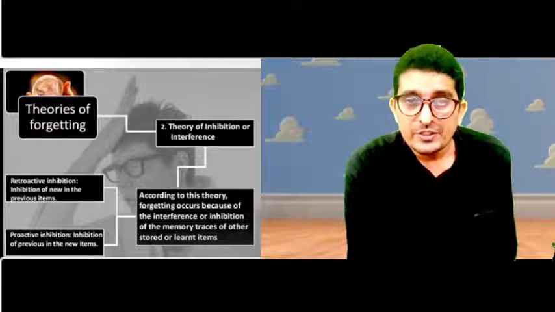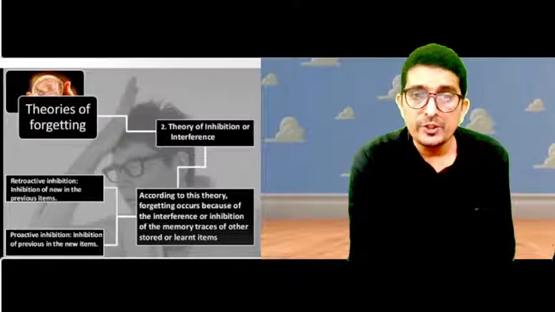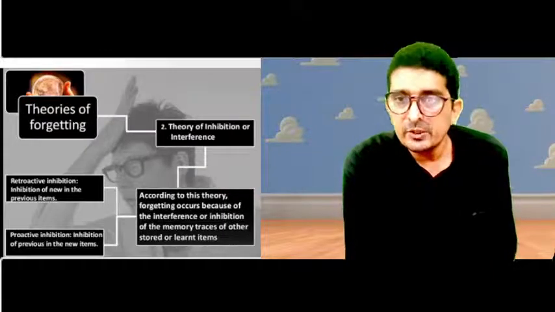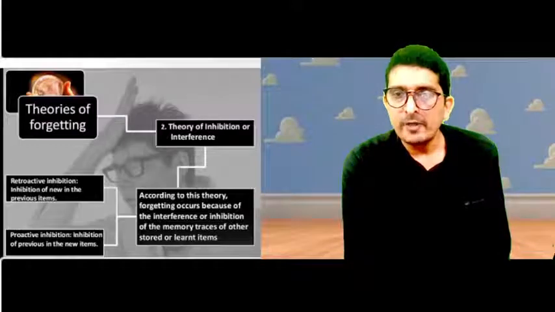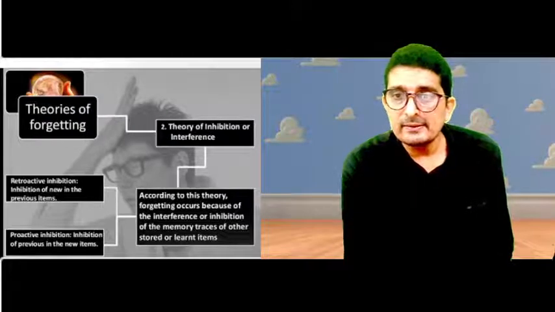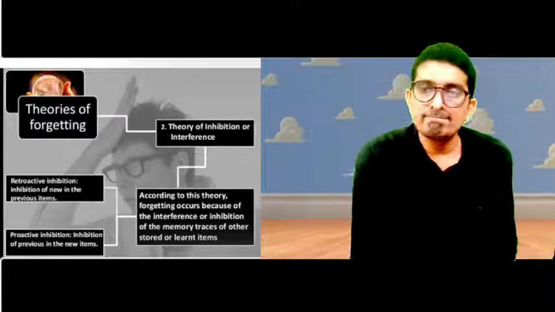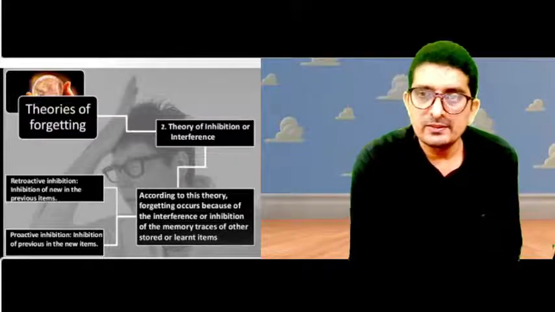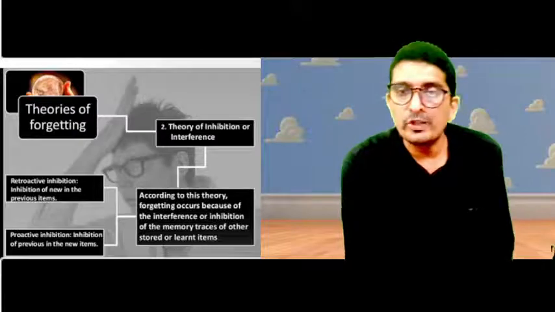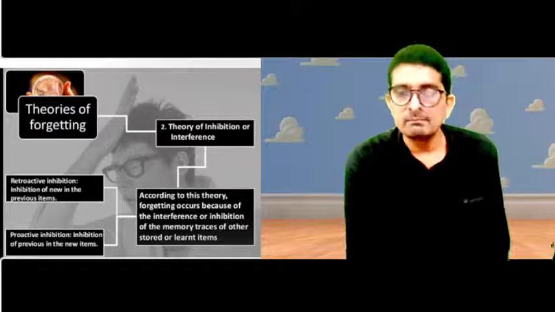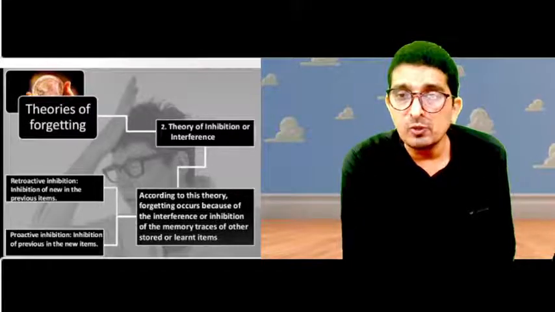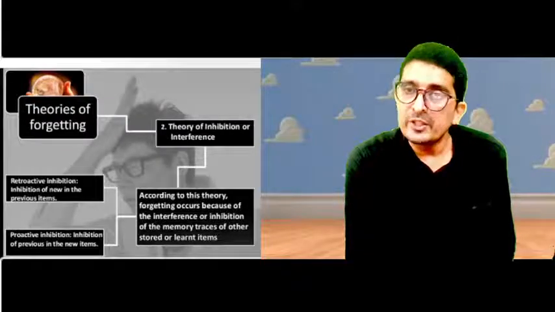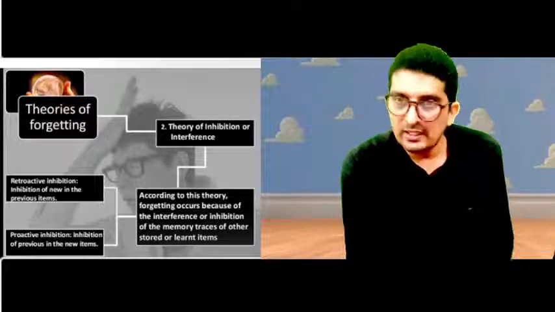Retroactive inhibition is the inhibition of a previous item by a new item. We learn a new item, and because of the effect of this new item, we may forget the old item. For example, we have already learned the word put, and we learn a new word, cut.